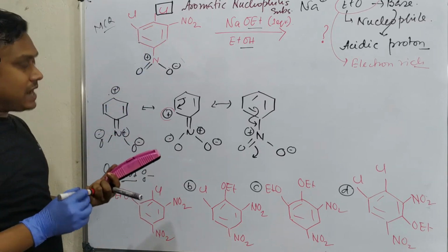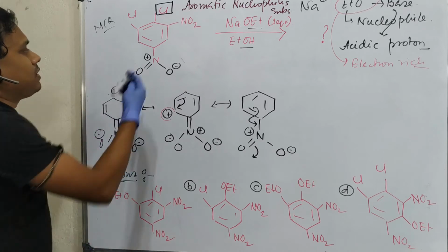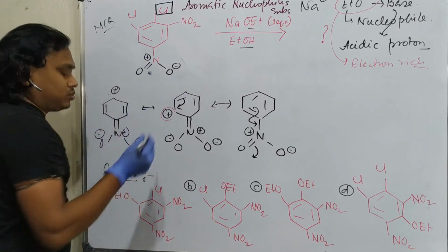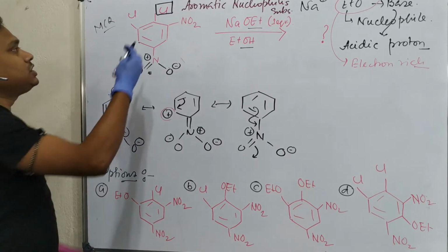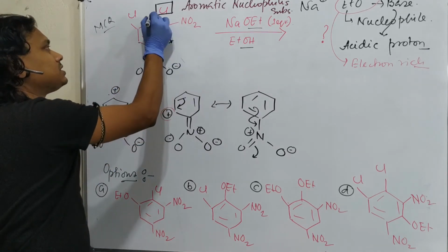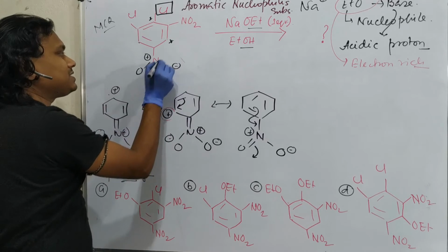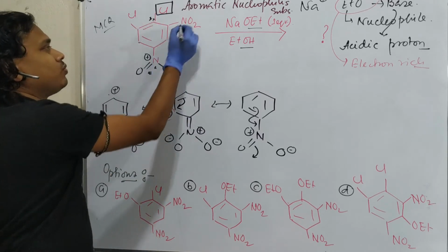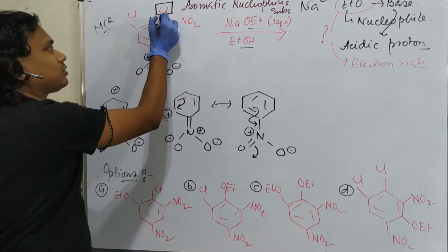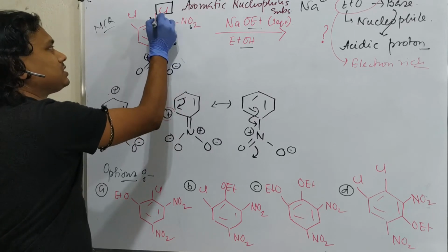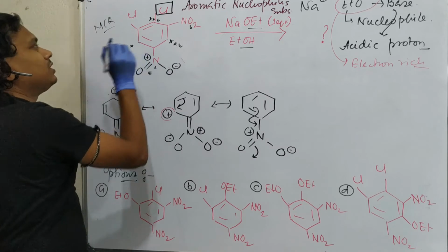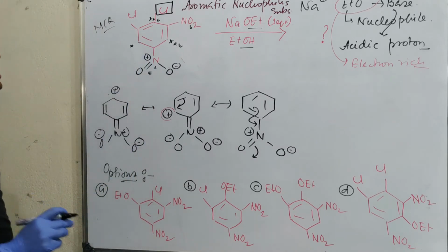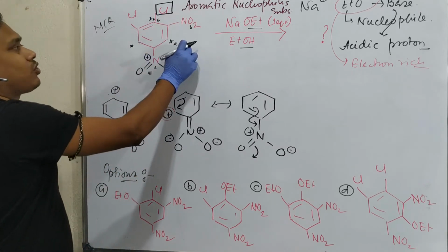Now let's look a little more closely. With respect to this nitro group, this position is ortho, this is para. Let's consider this is A. With respect to the other nitro group, this is ortho, this is B. Now, these two positions are common.